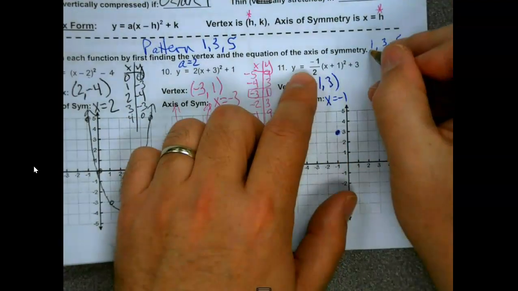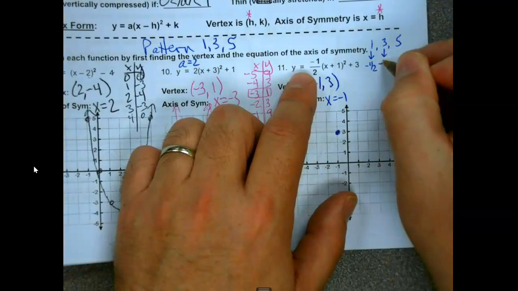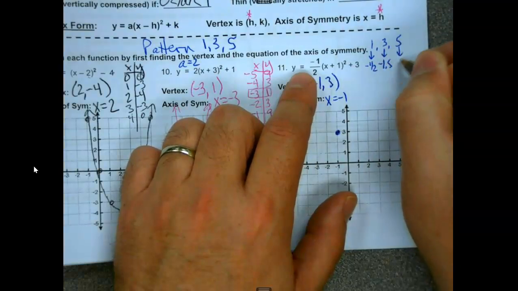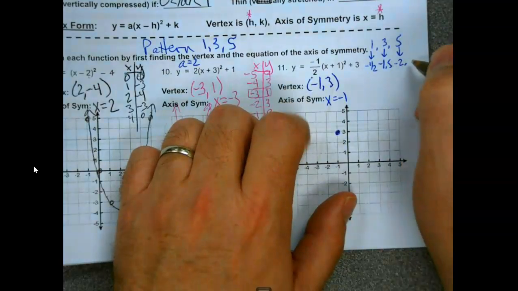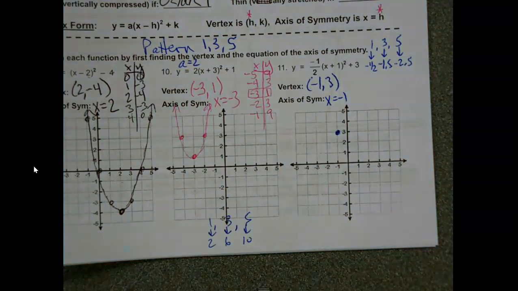If I multiply each of these by -1/2, ew. How am I supposed to graph those? So here's the thing with that.